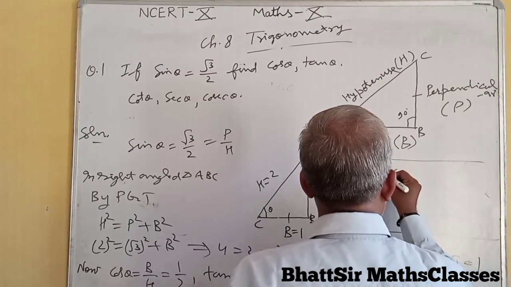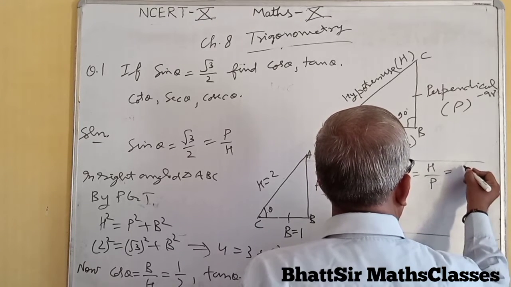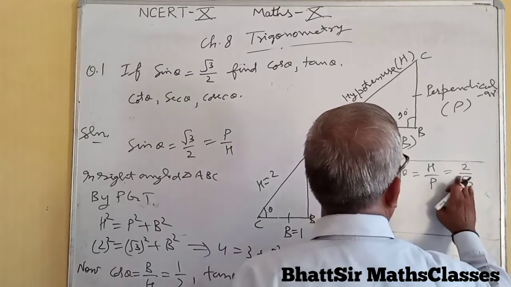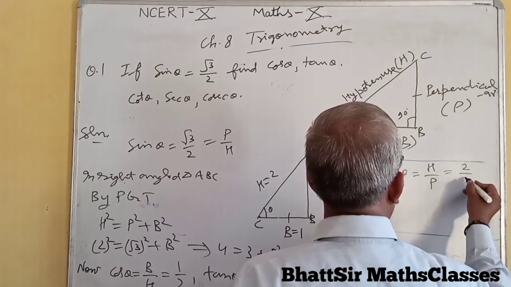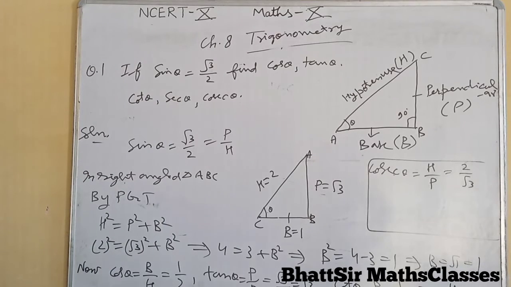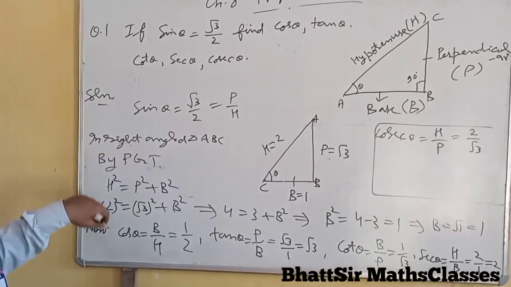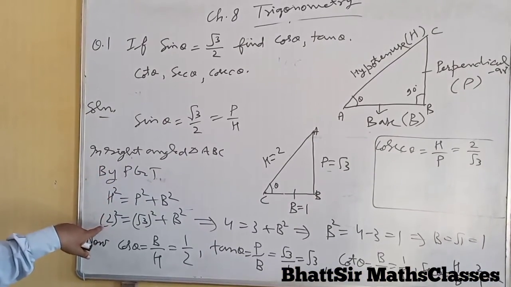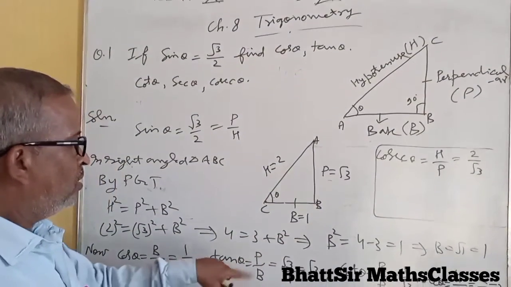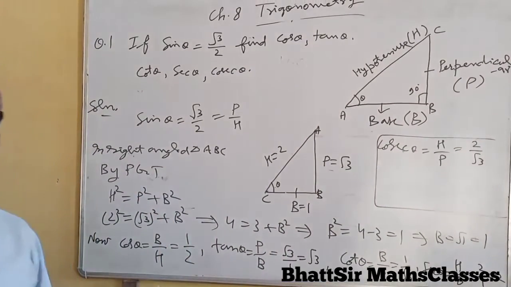Cosec theta is hypotenuse over perpendicular, 2 upon under root 3. So in this manner you can find all trigonometric ratios with the help of the Pythagoras theorem. Okay, this is the perfect solution.